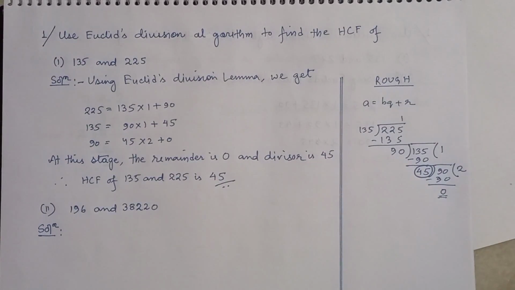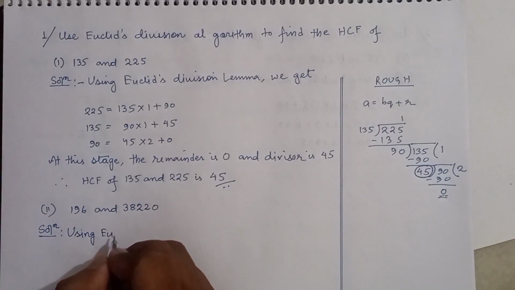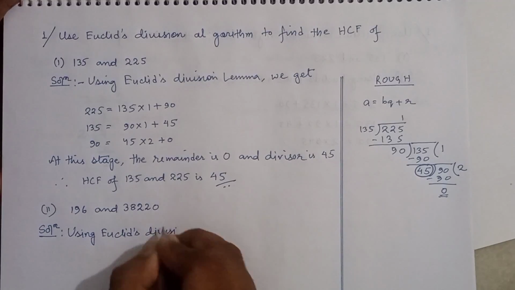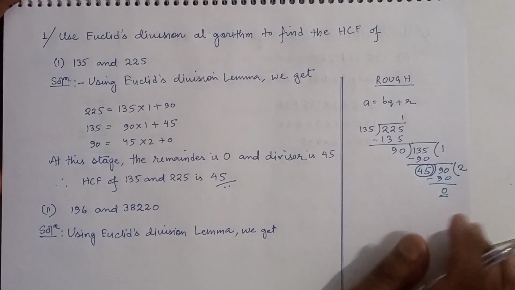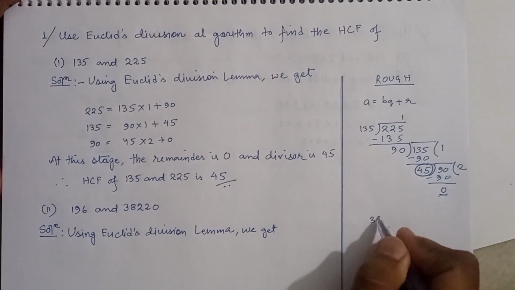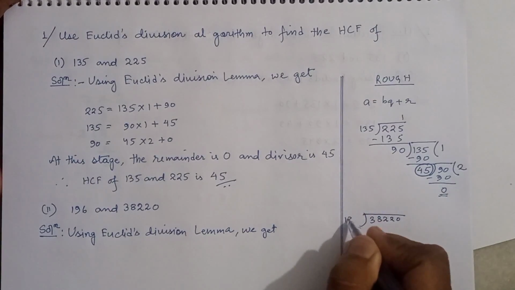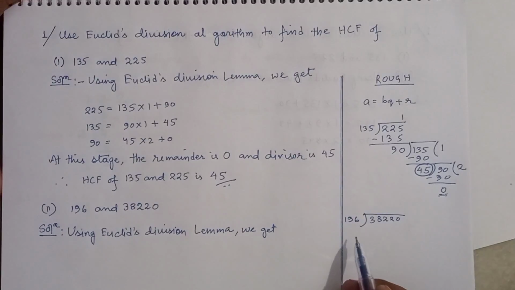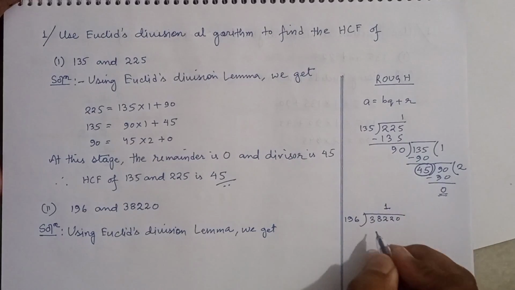Now let's find the HCF of 196 and 38,220. So 38,220 divided by 196. Let's try with 1.